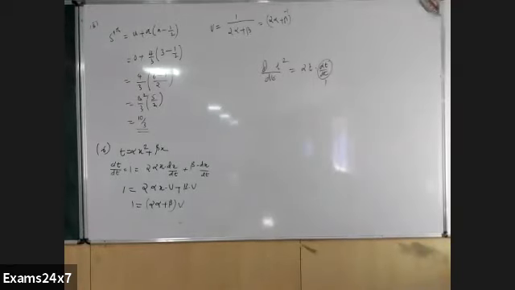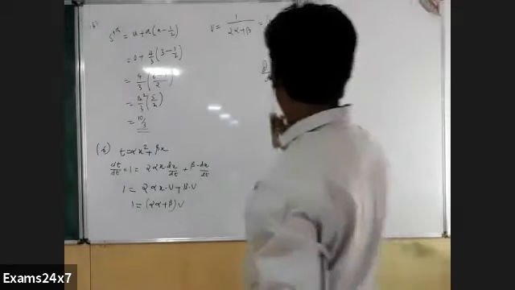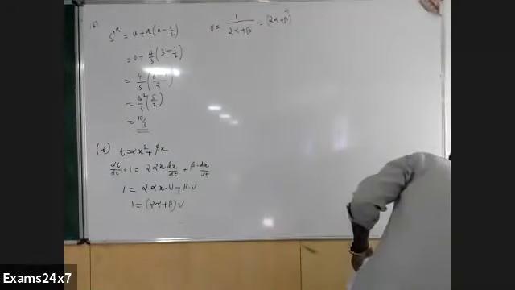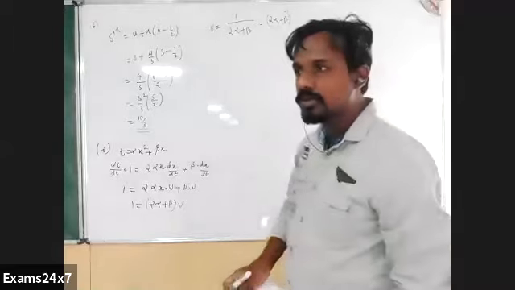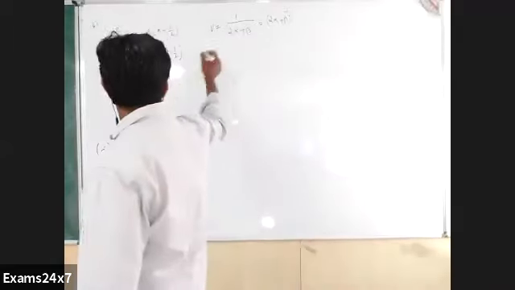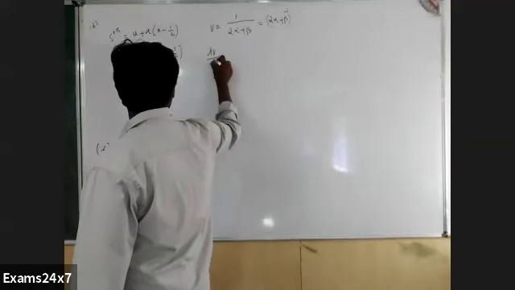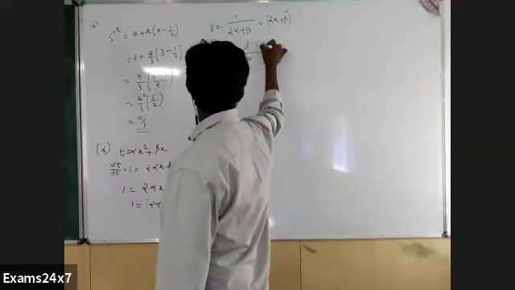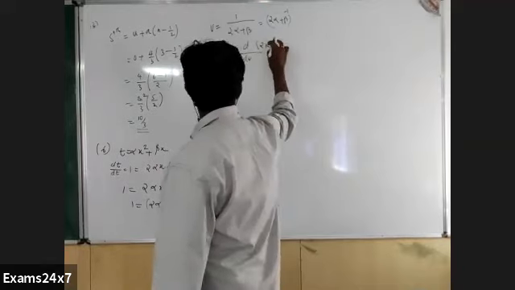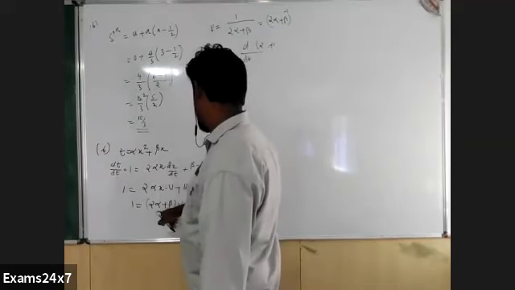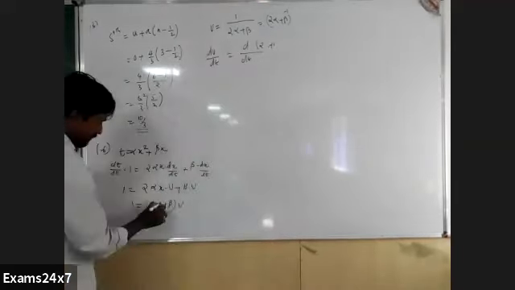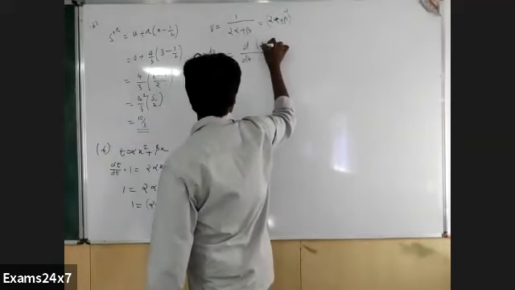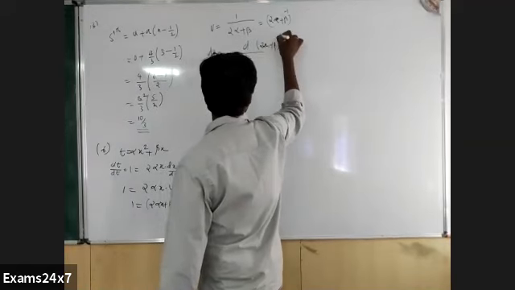Once again, you need to find the acceleration value. Acceleration value find ಮಾಡಲಿಕ್ಕೆ ಏನು ಮಾಡಬೇಕು? What we need to do? Need to differentiate that again. dv by dt is equal to d by dt of (2 alpha x plus beta) whole to the power minus 1.